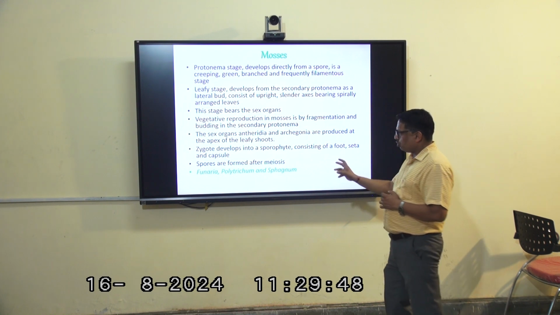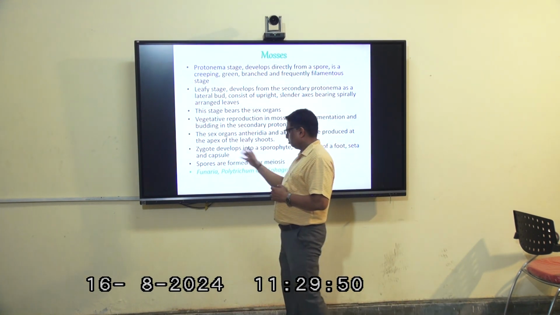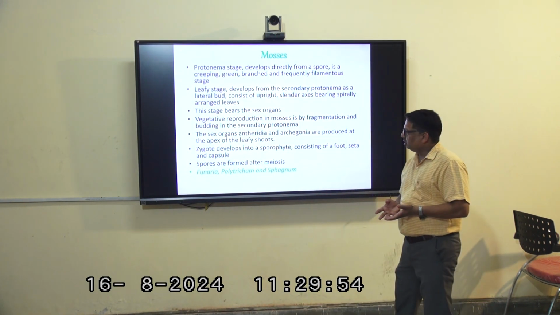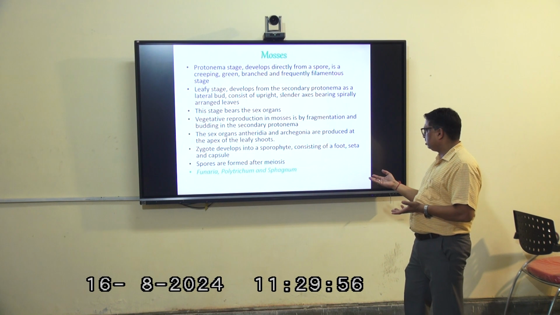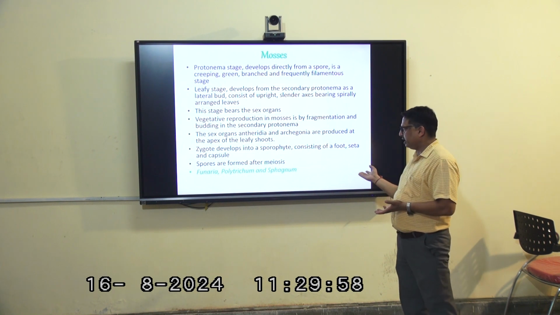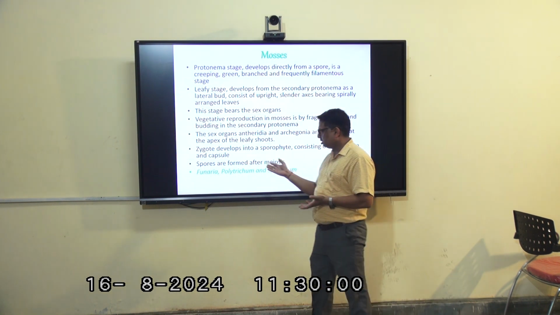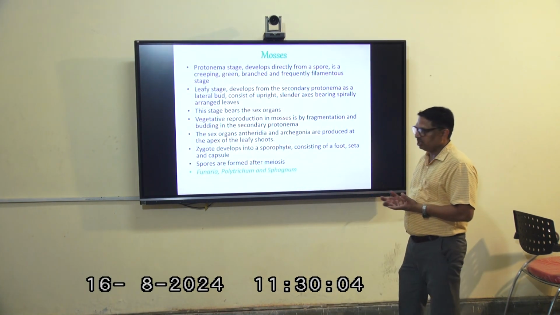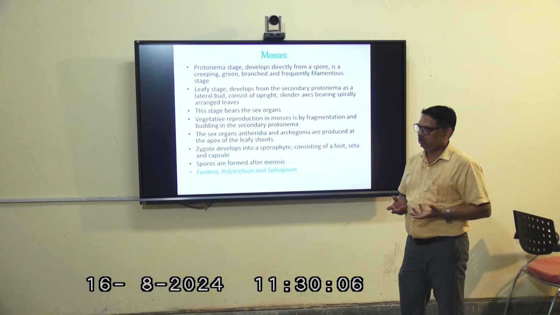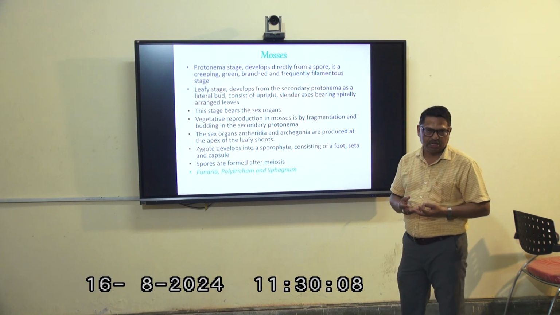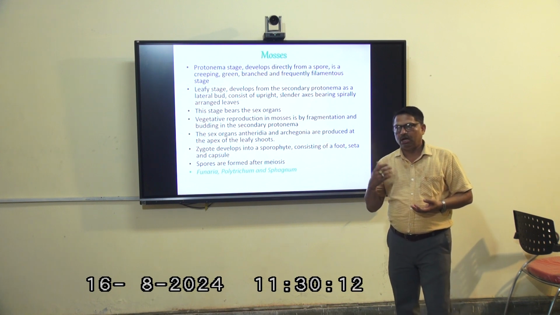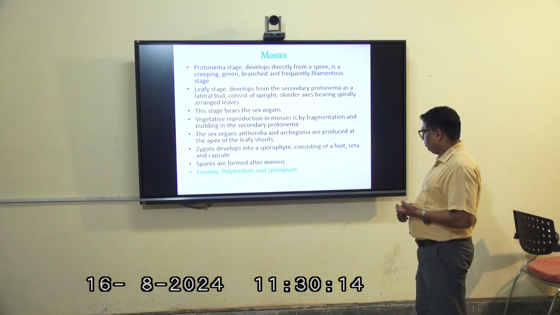The zygote develops in all categories of plants. Here the zygote develops into the sporophyte, consisting of a foot, seta, and capsule. The zygote is formed by the fusion of the male gametes and the female gametes.